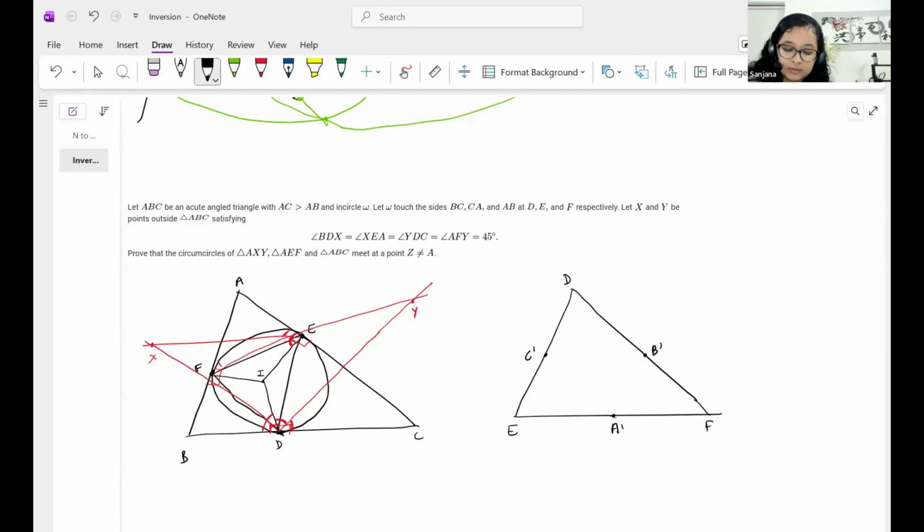So I'll write the angle conditions for X. You can rephrase it as angle IDX is 45, and angle IEX is 45.